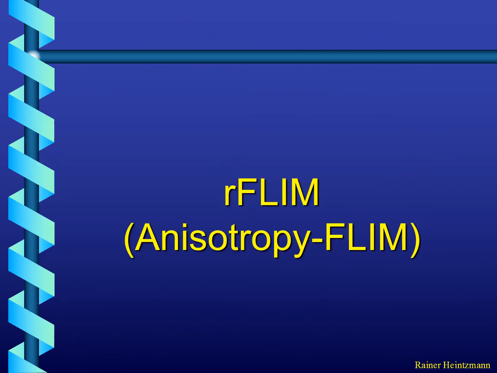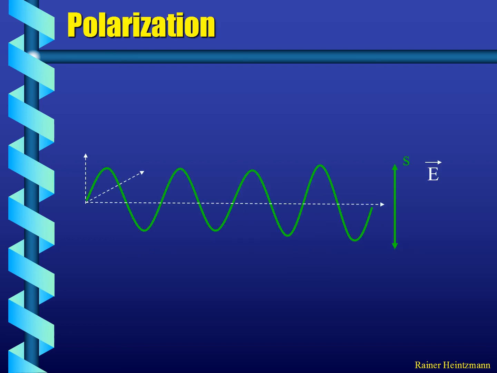So the final part of the talk is anisotropy FLIM, so fluorescence lifetime imaging microscopy in combination with polarization measurements can give you information about anisotropic things, and that can be quite interesting because molecules rotate over time, and you can observe this rotation over time because it is in a similar sort of time range for some molecules as the fluorescence lifetime decays.